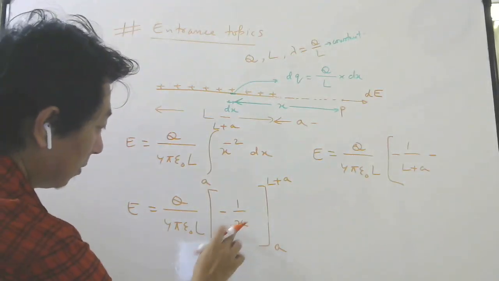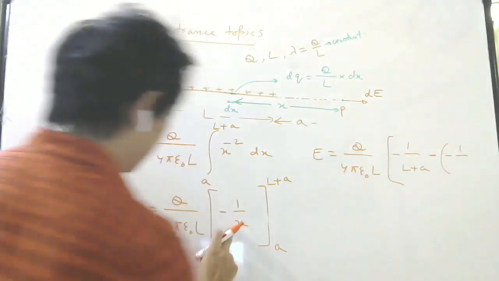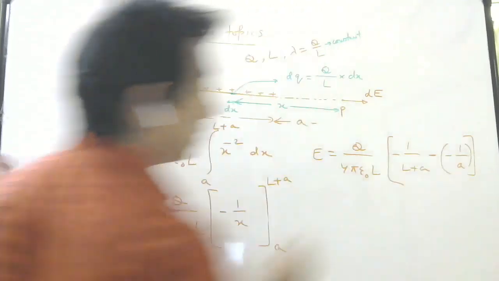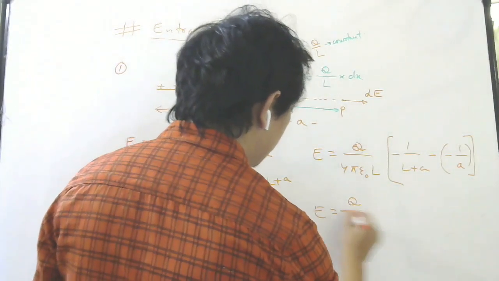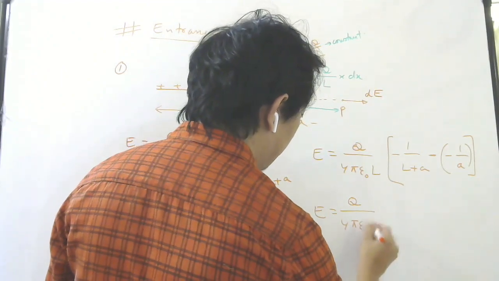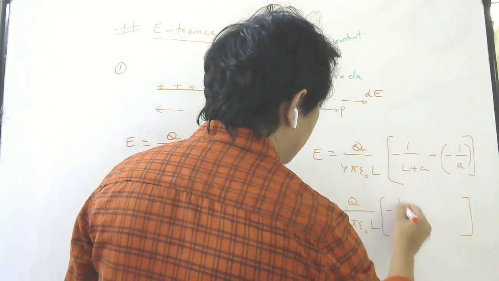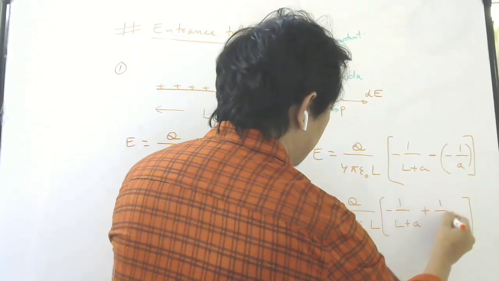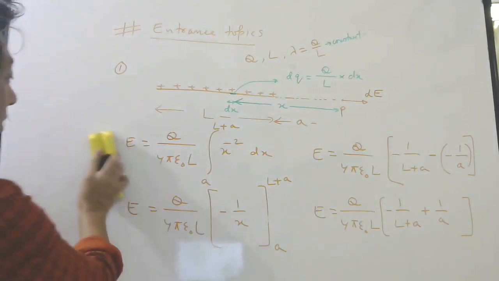Then put the lower limit in this function. The function is minus 1 by x, so put the lower limit, 1 by A. Right? So this will be equal to Q divided by 4 pi epsilon naught L, times minus 1 by L plus A plus 1 by A. Minus minus is plus. Then you do the simplification.